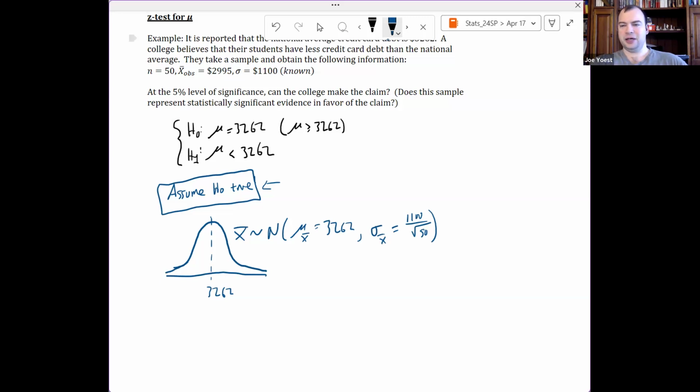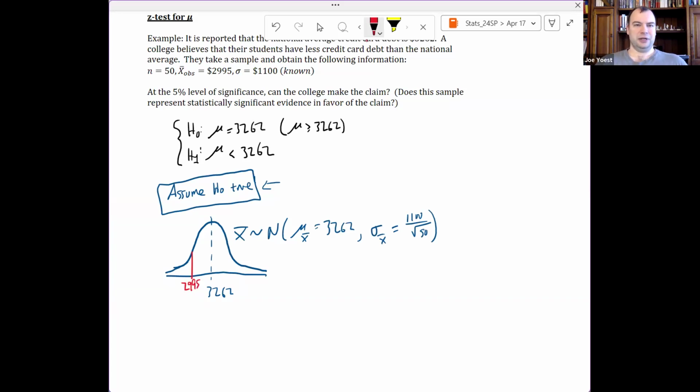Now I have a sample mean, X bar observed, of 2995. Remember, I'm trying to provide evidence that the mean is less than 3262. If I were to reject the null in favor of the alternative for an X bar observed of 2995, that would represent a certain amount of evidence.